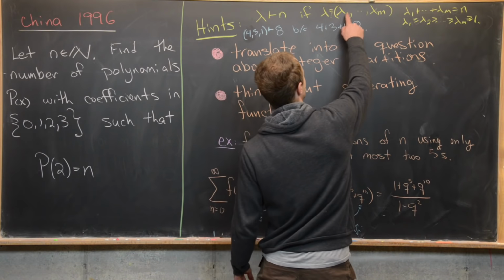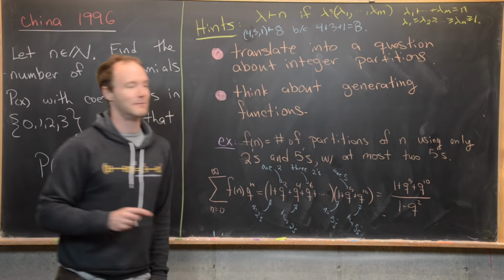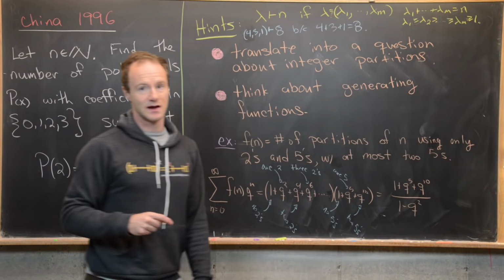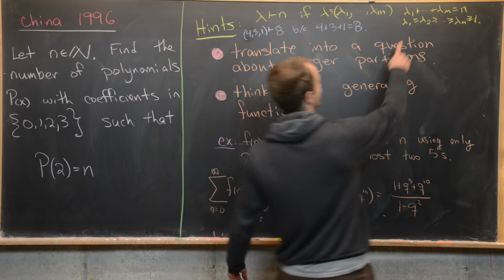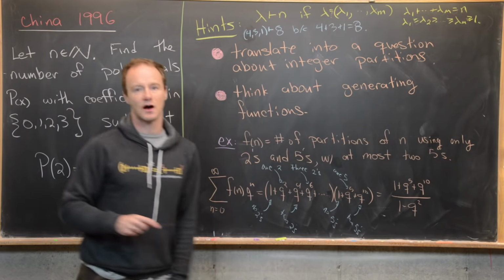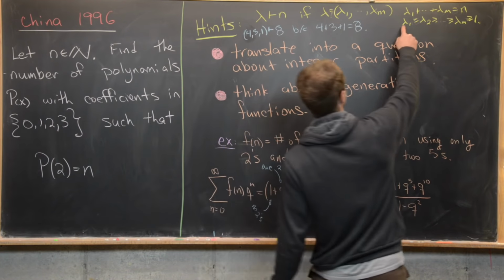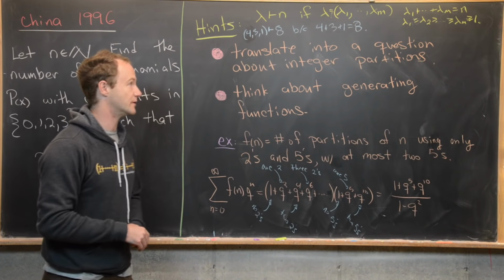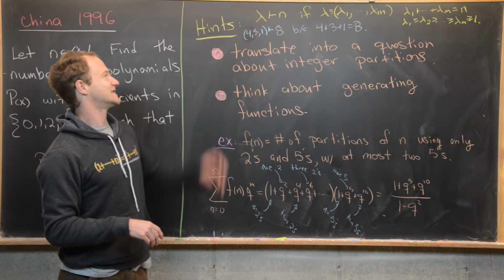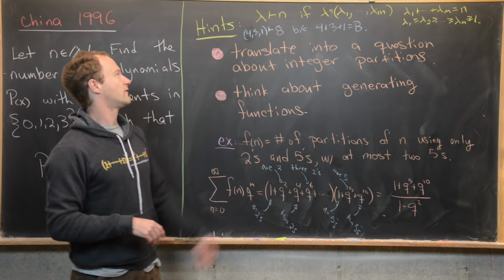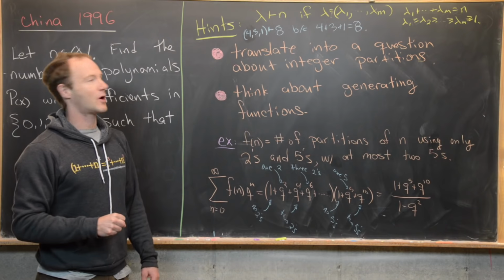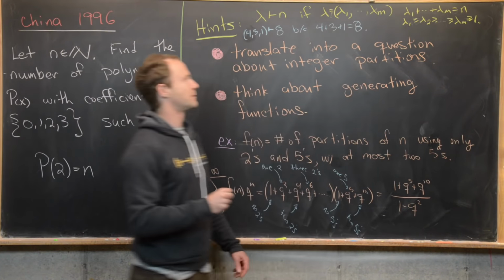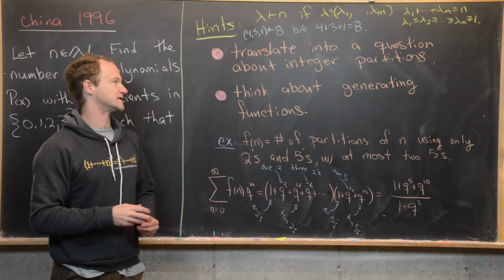We'll denote it lambda 1, lambda 2, all the way up to lambda m, such that these numbers sum to n, and they form a non-increasing sequence. So lambda 1 is bigger than or equal to lambda 2, which is bigger than or equal to lambda 3, and so on and so forth. Just as an example, this triple 4, 3, 1 is a partition of 8. It obeys this rule right here, and 4 plus 3 plus 1 equals 8.